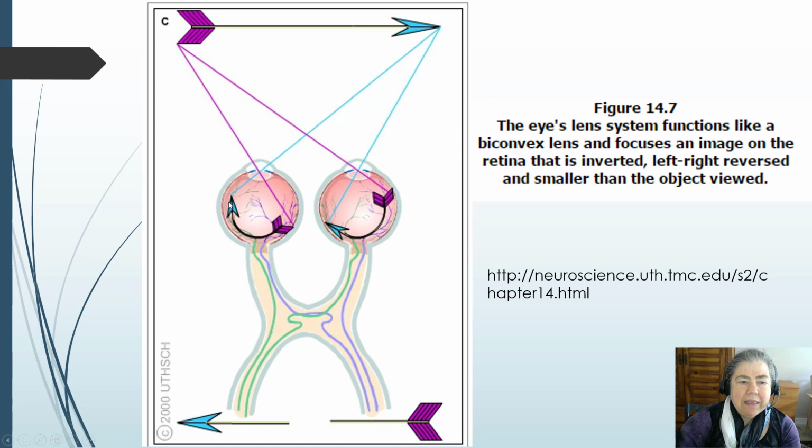We can think of each eye of the retina as having a temporal and a nasal half. And you can see here that, let's say we're looking down, are we looking down from the top?